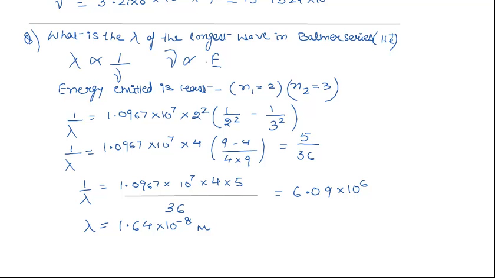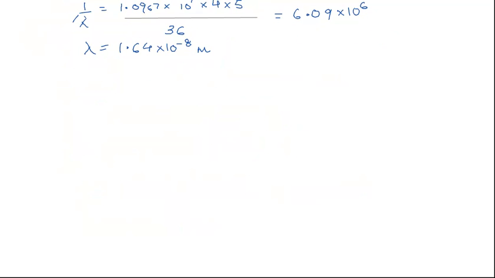Clear? So this is the thing we do. So this was just an example. Now let's take up our next question. So the wavelength of the light emitted would be 1.64 into 10 to the power minus 8 meters.